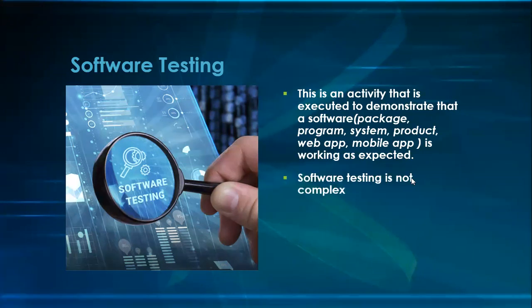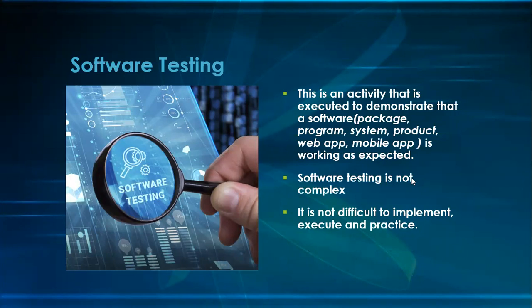What's the next thing? Software testing is not complex at all. There are just steps and rules that you can use. It is not difficult to implement, execute, and practice. We have procedures, and those procedures must be followed.